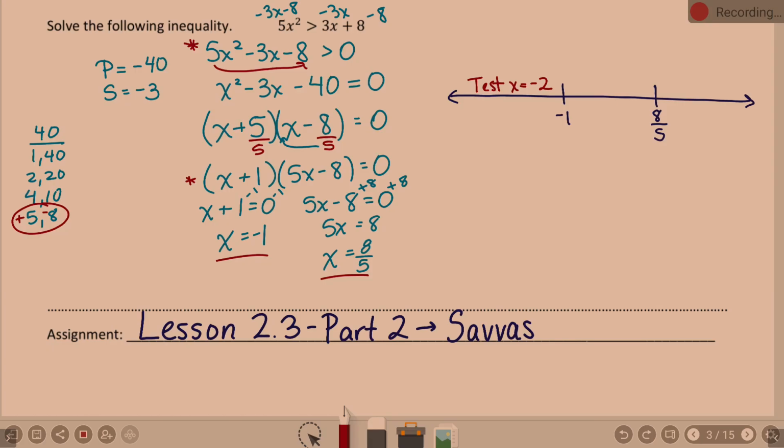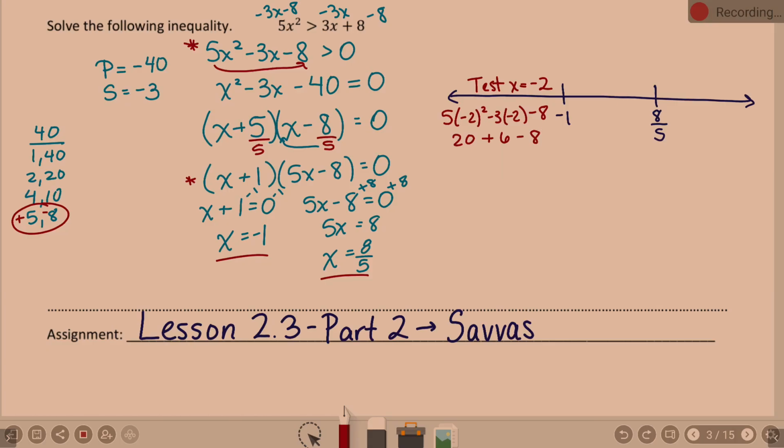So I'm just going to go back to the original. 5 times -2 squared minus 3 times -2 minus 8. -2 squared is 4. 5 times 4 is 20. Plus 6 minus 8.